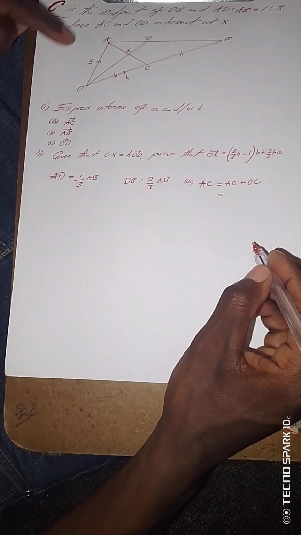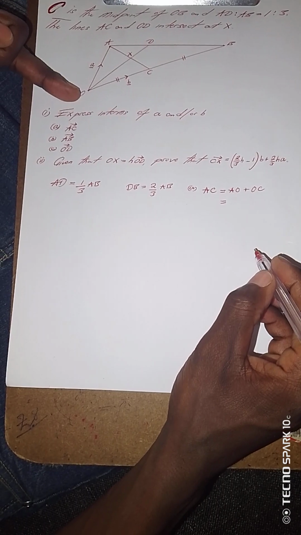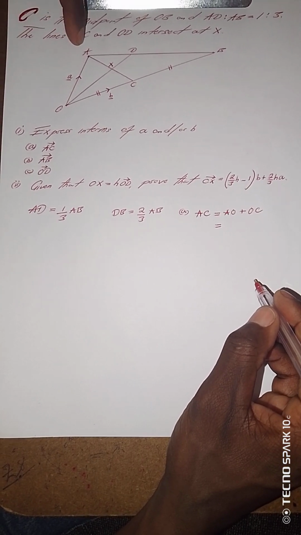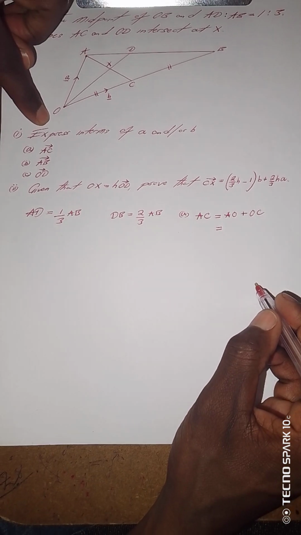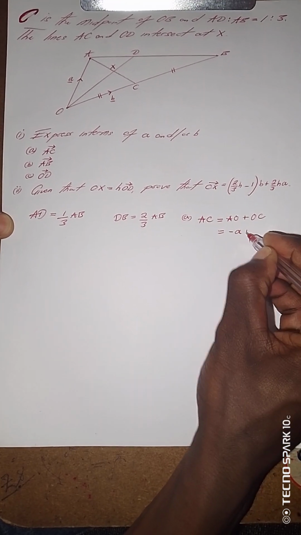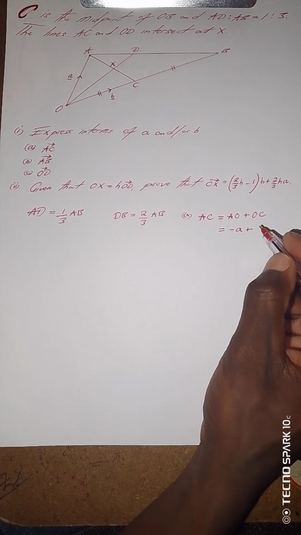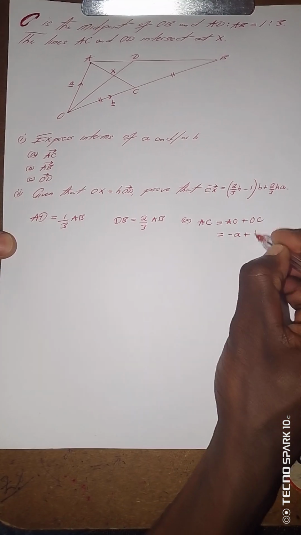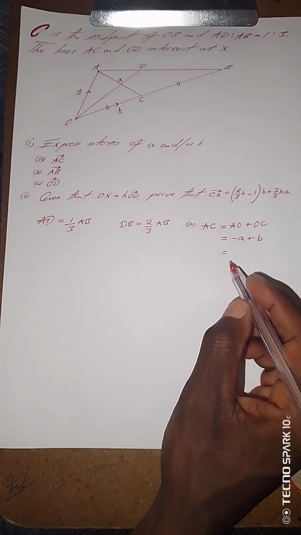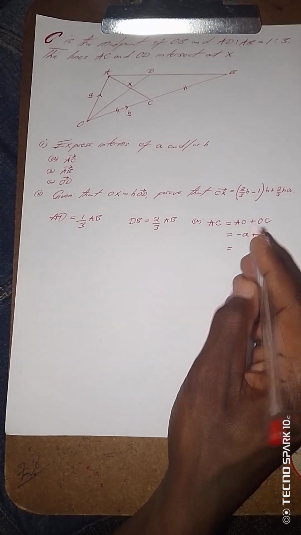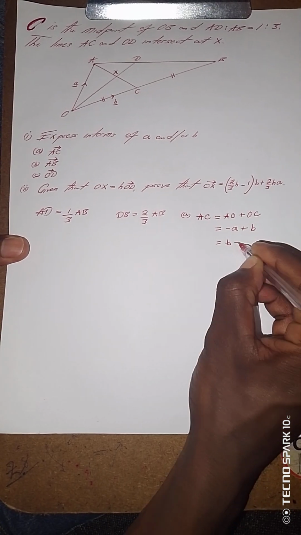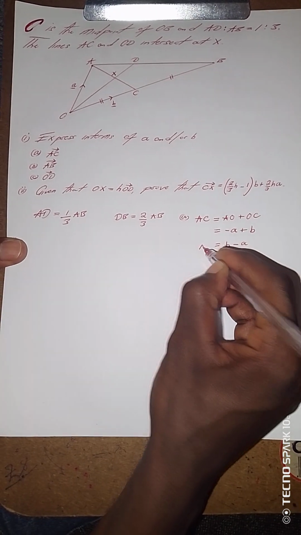So what is AO? AO, we have a. Now check the direction. We are going against the direction, coming from A going to O. Since we are going against the direction, a is going to be negative, plus OC. OC, there is b, you have seen. In vectors, it is very advisable that variables or numbers with negative should be inside. So we write this as b minus a. So this is AC.